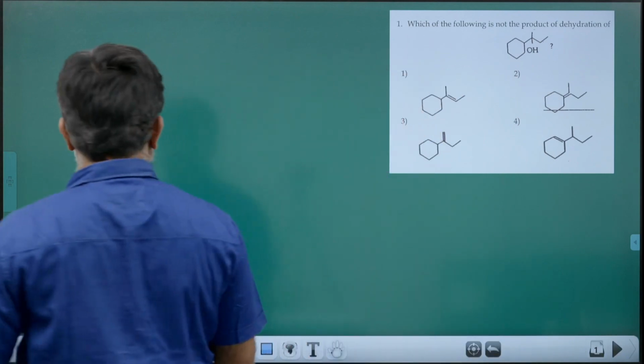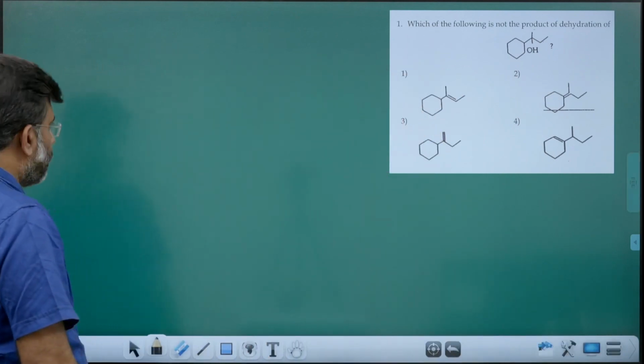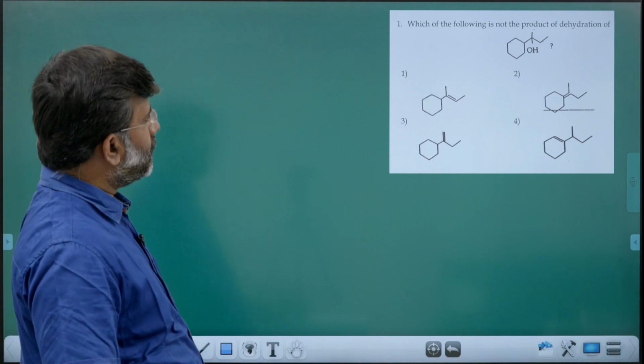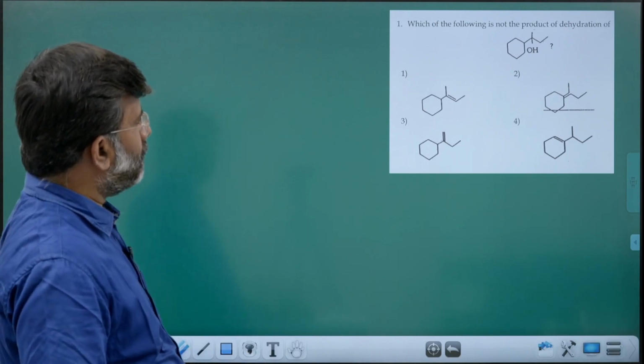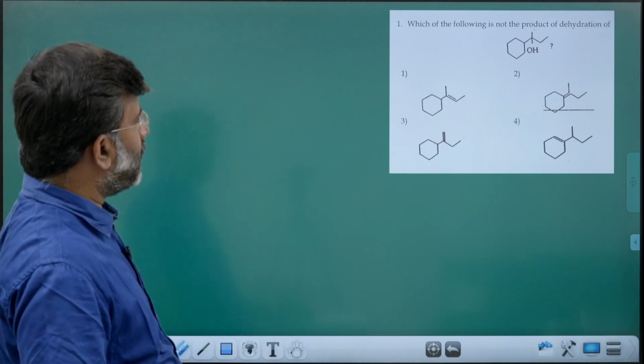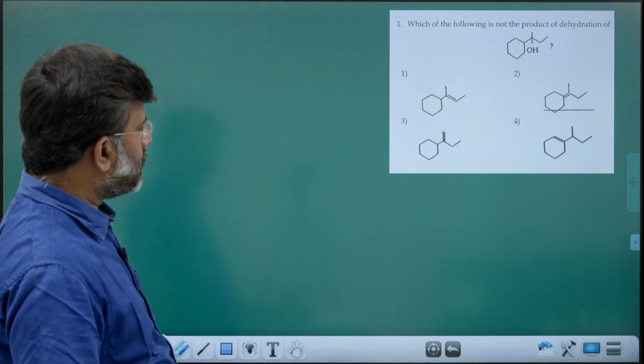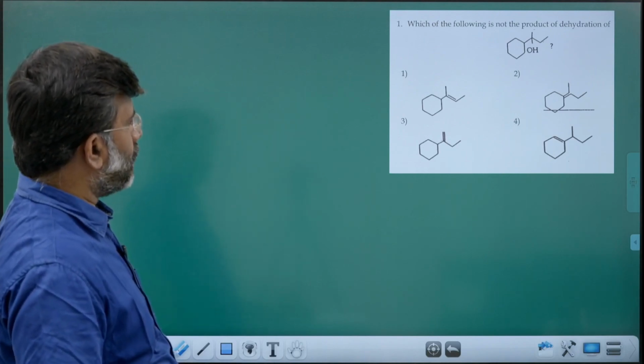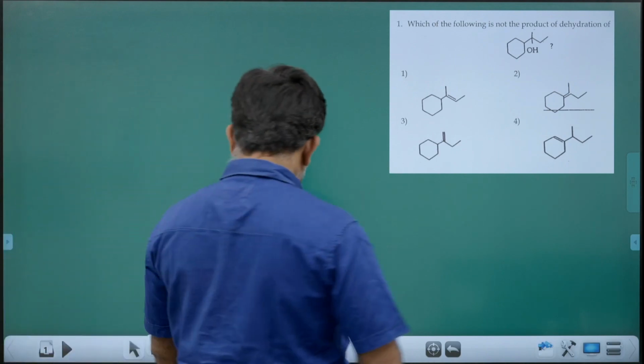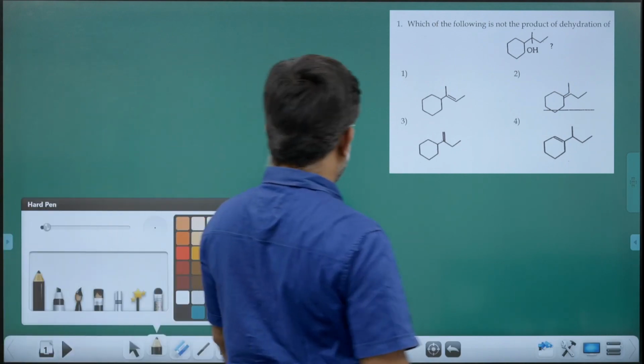First question. Which of the following is not the product of dehydration of the given alcohol, which you can't get as a product? Very simple to understand.